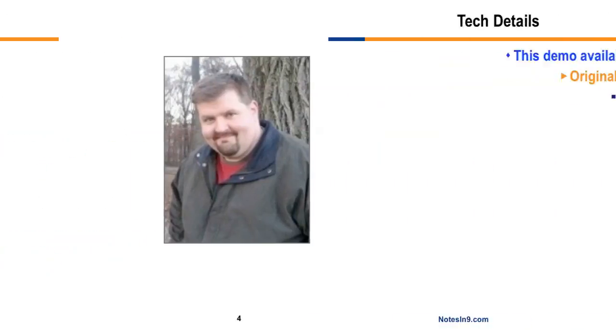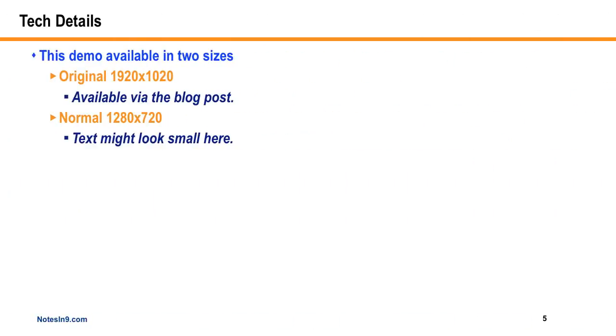So anyway, he's giving us this video, and we're going to provide this video in two different sizes. He originally recorded his in the screen resolution of 1920 by 1080, and that's what he used. But the output of Notes9 is 1280 by 720 right now, which is 720p high definition.